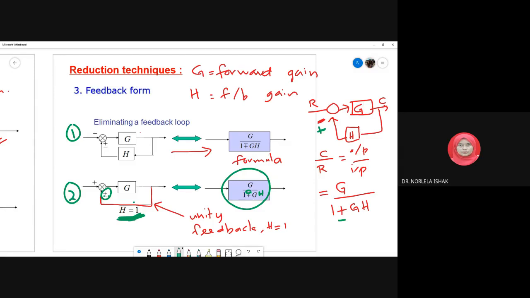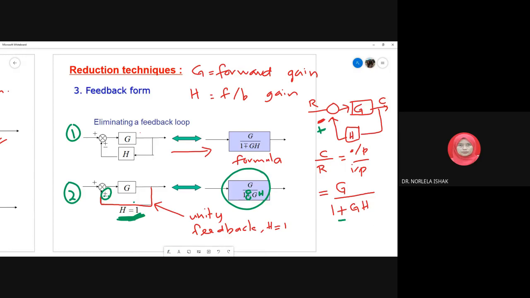If minus, you get plus. You have to change the sign, like this one just now. You have to follow the sign, whether minus or plus. But this is the formula for how to eliminate a feedback loop.